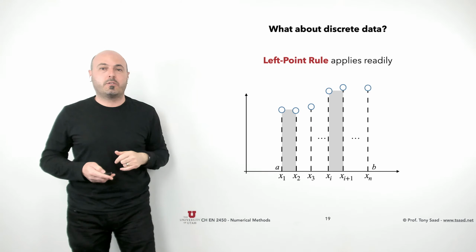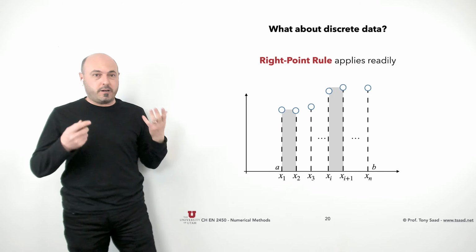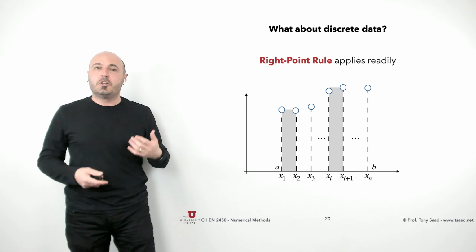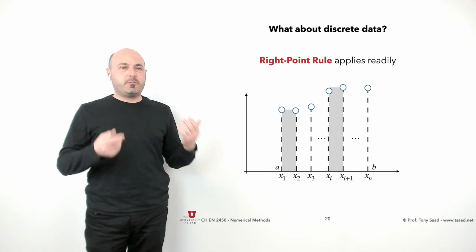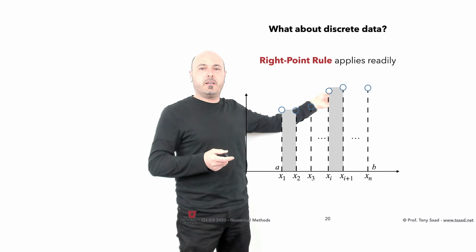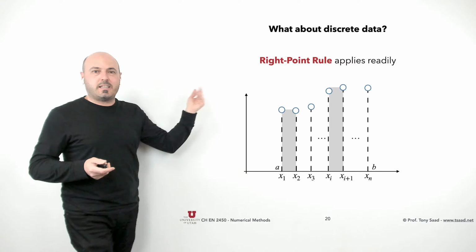The right point rule is the same thing, because for every segment, whether the discrete data is equally spaced or not, you always have a right point. You take the value of that right point, multiply it by the spacing between the 2 points, and add them up.